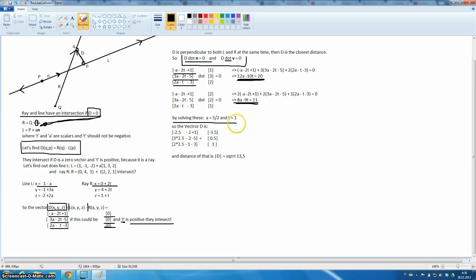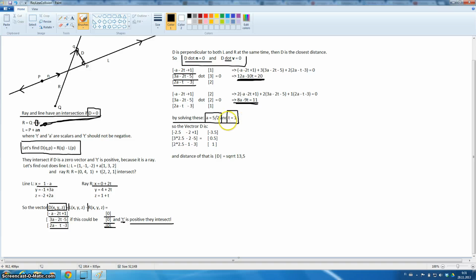By solving these two, we find out that the only possible scalars are 5 and 2.5, and then t is 1.